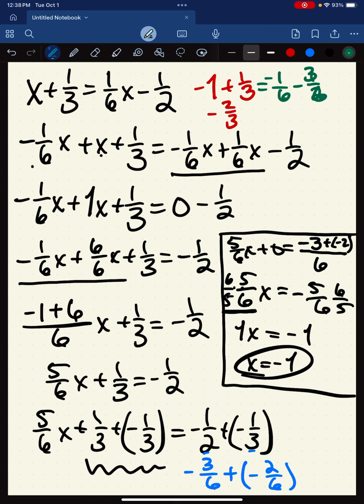So negative 1 minus 3 is going to be negative 4, and then keep the denominator. Negative 2/3 is in fact equal to negative 4/6, right? Because that reduces to negative 2/3. So all is well. We have indeed found one solution.